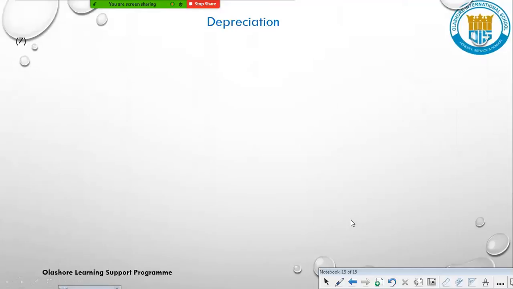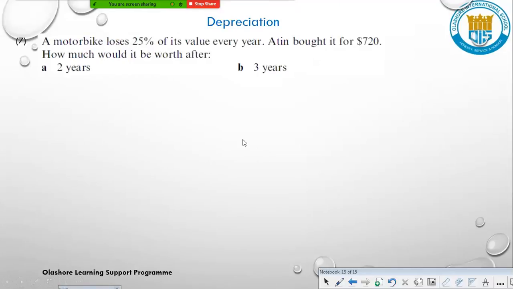Okay, let's take one example on depreciation. For depreciation, you see something like loss or depreciate. A motorbike loses 25% of its value every year. Atin bought it for 720. How much will it be worth after 2 years?